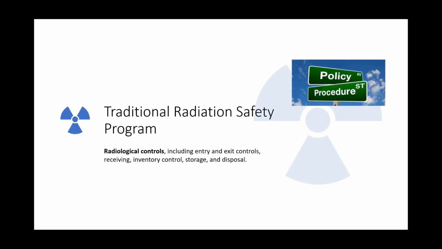We also need radiological controls on radioactive materials, including their entry and exit, the receiving of the materials, inventory control, their storage, and disposal. These policy and procedure records are integral to a good radiation safety program.